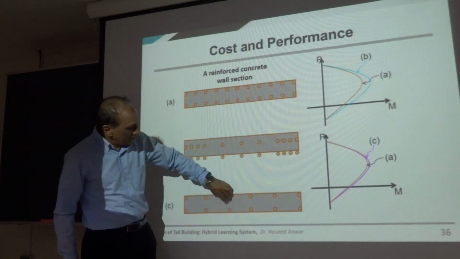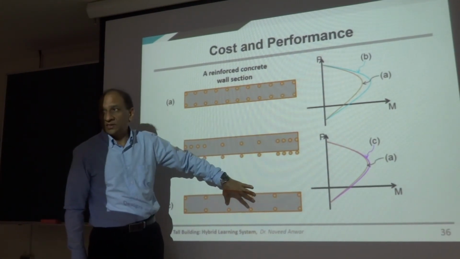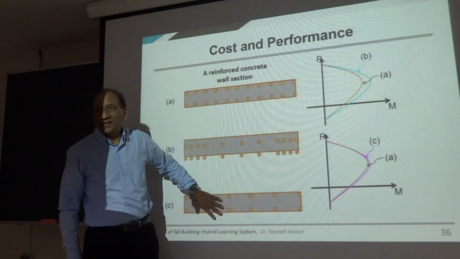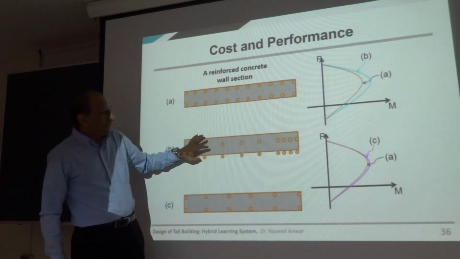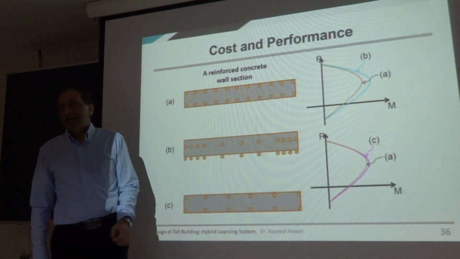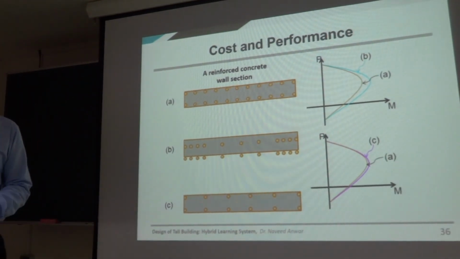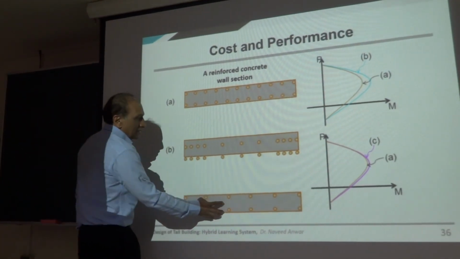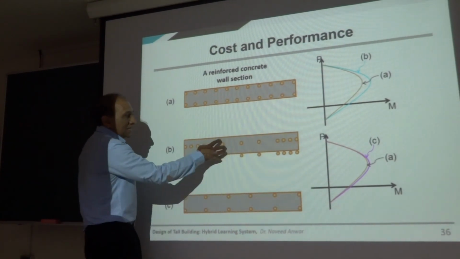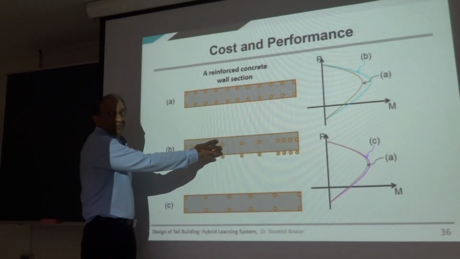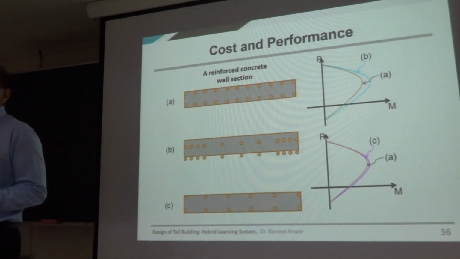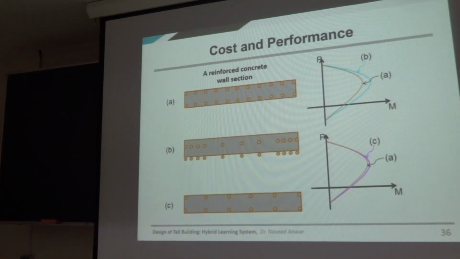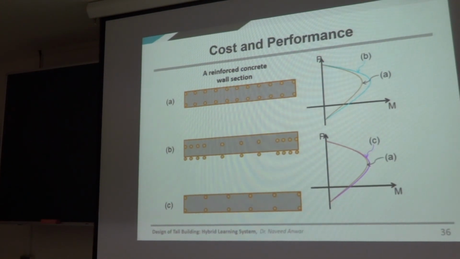So if you can increase the spacing with larger and fewer bars, you can get almost the same capacity as that one, or you can get a higher capacity and reduce the cost. So this is lower cost, the same performance. This is the same cost with higher performance, and this is the best one. So these small things can help you to optimize the design.